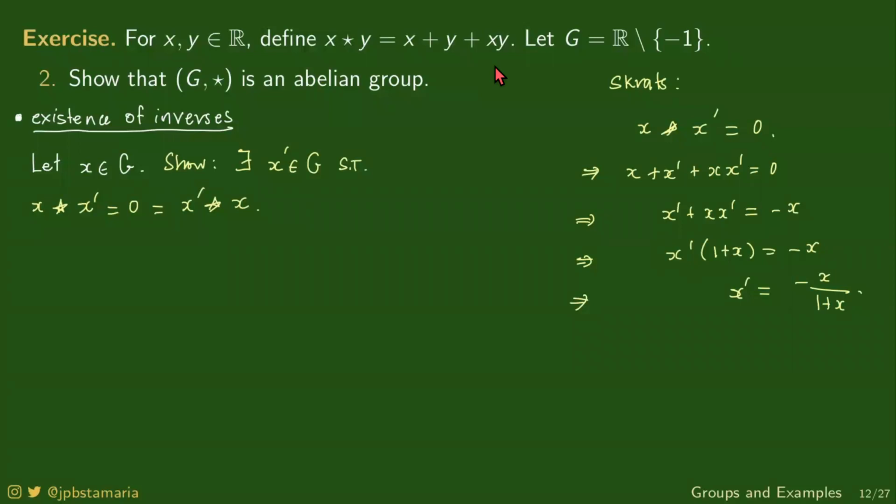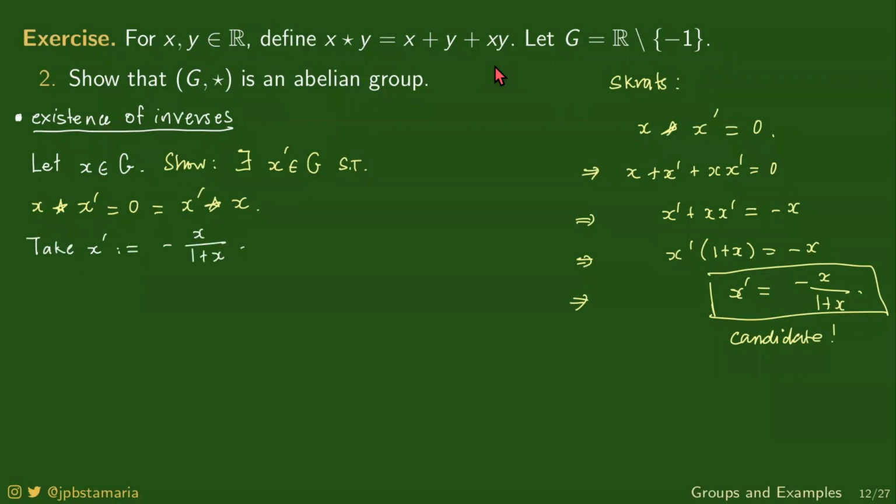So, ang na-solve nyo dito does not prove anything. It's just your candidate for the inverse. How do you show that inverse actually works? Take x prime to be minus x all over 1 plus x.